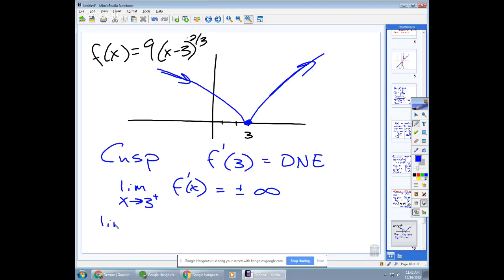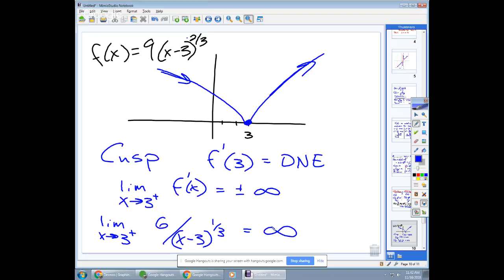So for us, if we take the limit as x goes to 3 from the right, the derivative was 6 over x minus 3 to the power 1/3. The bottom is bigger than 3, right? So that means I have positive numbers in the bottom, and they're getting closer and closer to 0. 6 over something that's getting close to 0 gets close to infinity.